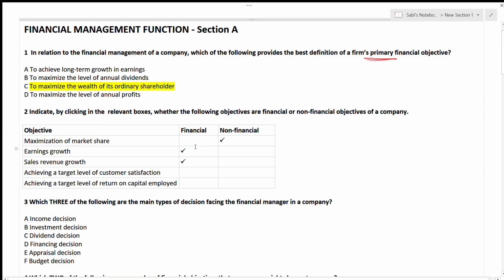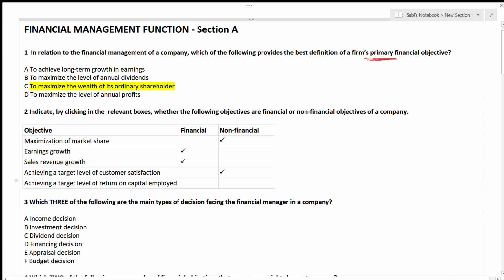Right? Achieving a target level of customer satisfaction. Customer satisfaction, you cannot say 10%, 20%. Customer satisfaction is a non-financial measure. They could be happy, they could be sad, they could be very happy, right? It's hard to quantify.